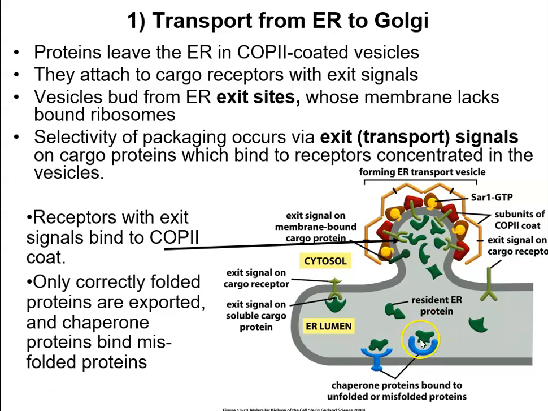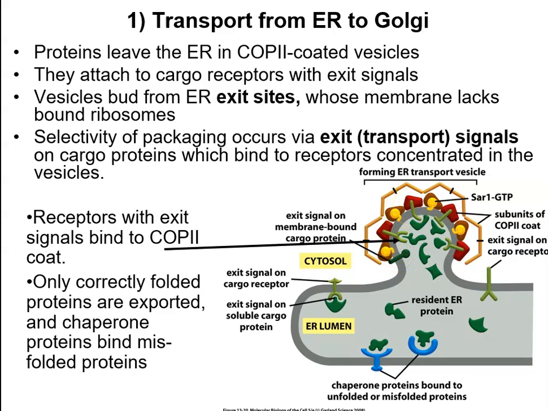So here are some misfolded proteins that have been bound up to receptors. We can ignore those. The proteins that want to leave the endoplasmic reticulum will have a specific signal sequence upon them that will bind to a specific receptor, which will be congregating on some exit sites from the endoplasmic reticulum.